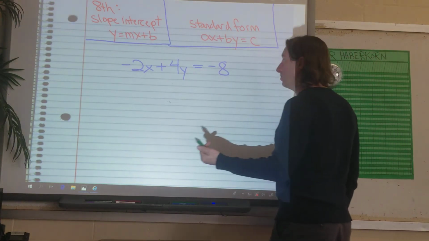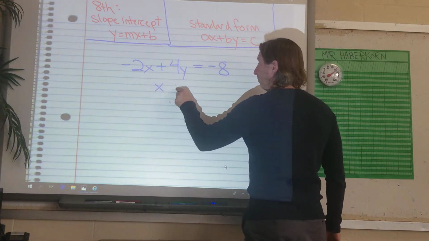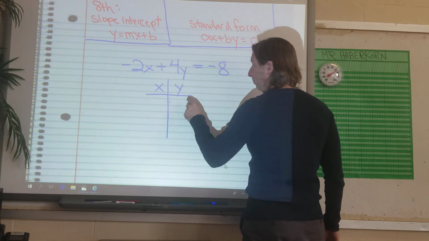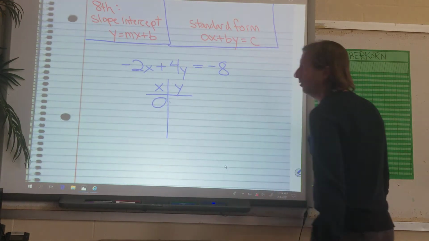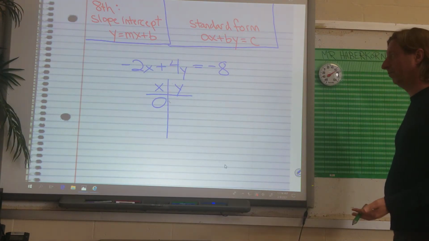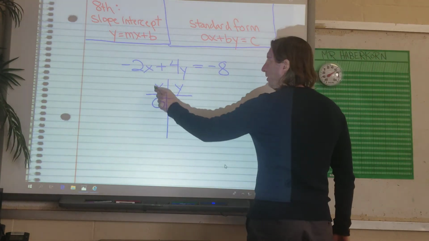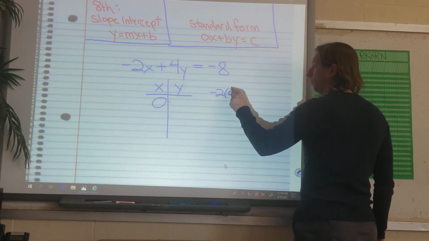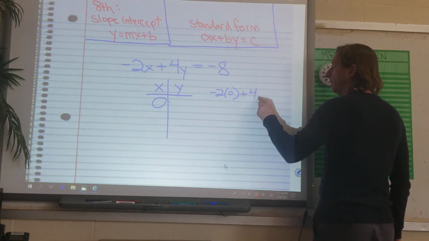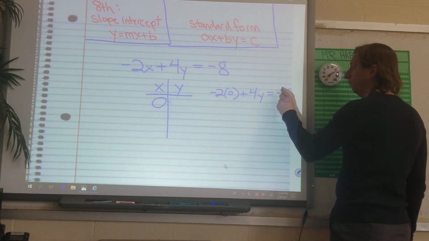So step 1 is still make your XY chart. And we're going to put a 0 in for x and solve it, right? Just like we did before. So that means I'm putting the 0 here, right? So negative 2 times 0 plus 4y equals negative 8.